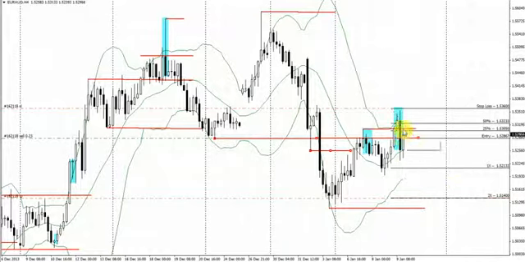I could have waited on a deeper pullback. However, my target was there. I didn't want this to move without me. Sometimes I actually set a limit order while I'm looking at other things to take that entry if it pulls back real quick, and you look away and come back. That's a really nice tactic, a good approach to take. Set up a limit order and look at other things and come back to it.